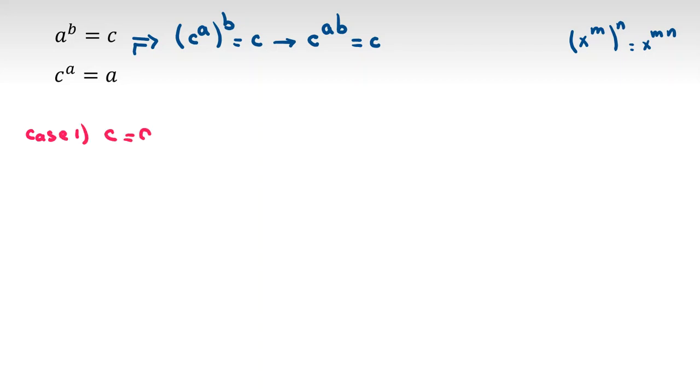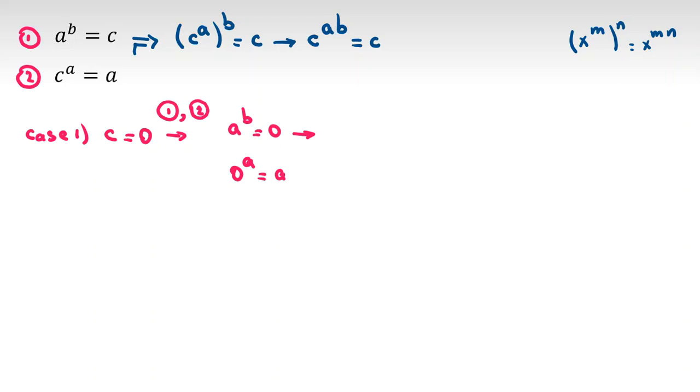Case 1, c is 0. Suppose it is the first equation, and it is the second equation. If I replace c with 0 in the first and second equations, I have a to the b equal to 0, and 0 to the a equal to a.